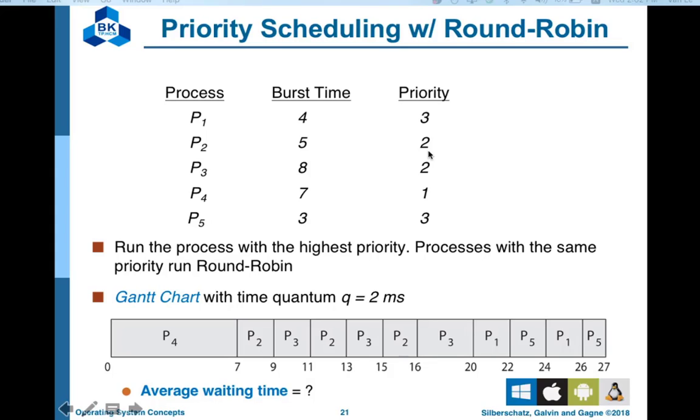Sometimes we can use a combination of priority scheduling with round robin. For example, here we run the process with the highest priority first. But if we have two processes, for example B2 and B3, with the same priority, at that time we can run round robin.